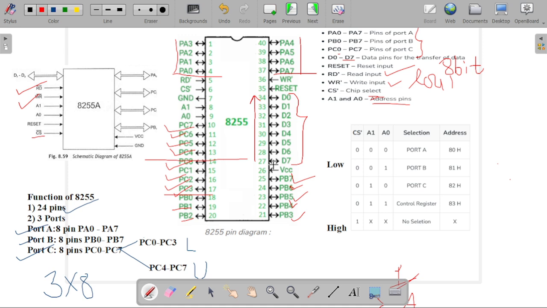So these are the 8 bidirectional lines, and that is why this symbol is written on our data signal. And these ports are also bidirectional, so we write this bidirectional symbol on our port A, port B, as well as our port C.